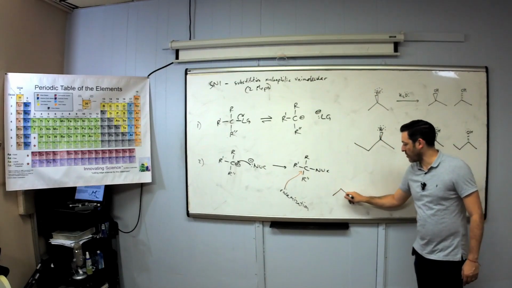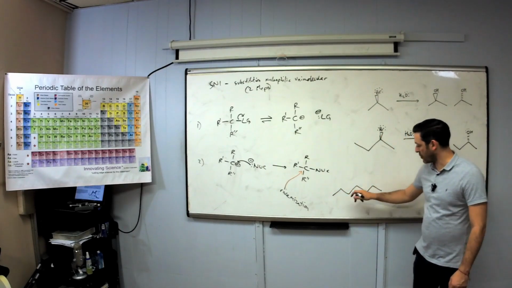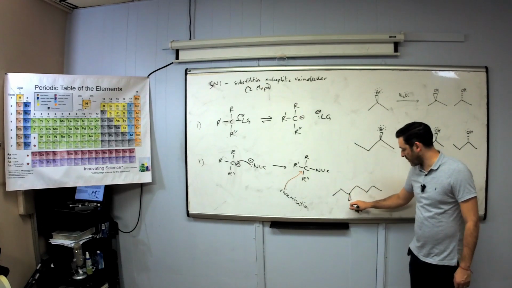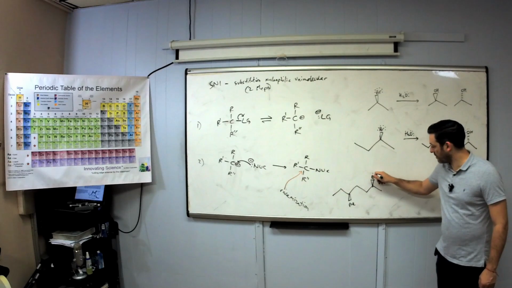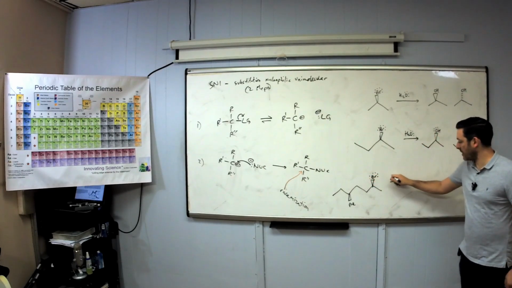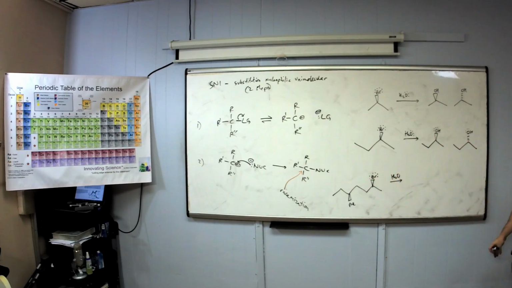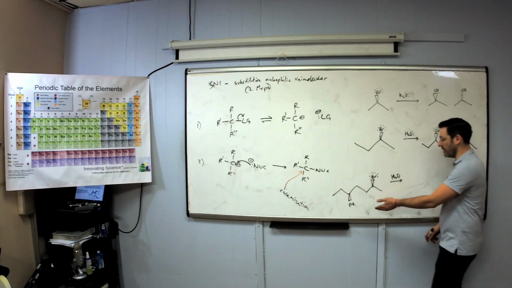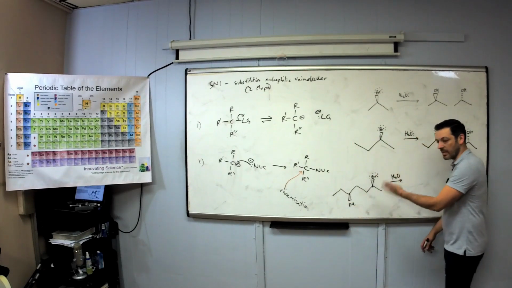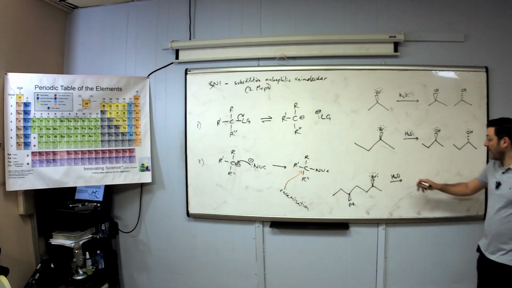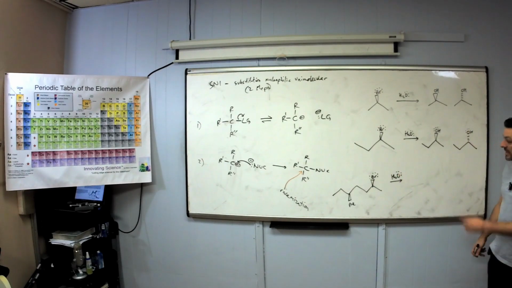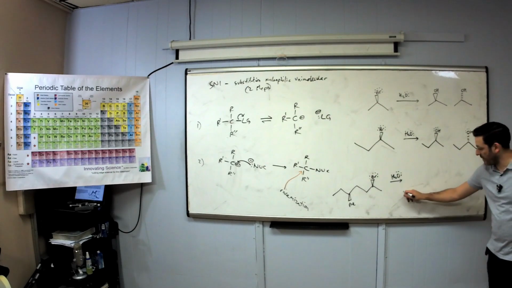Then I'll just do one more compound to demonstrate what I am talking about. Let's say over here I have a methyl group, and over here I have a Br, and I treat this with H2O. By the end of this lesson, you will know why methyl is not a leaving group, why Br is a leaving group, why the conditions here give SN1, and you will realize that racemization here means the following.